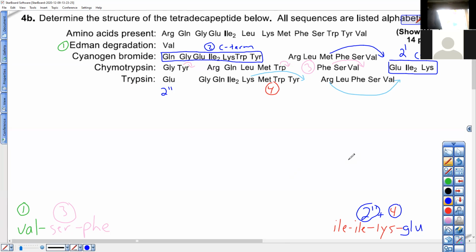All right. Here's our old friend Val. Val is first. Ser. My goodness, I think I just got another point. Arg has to be after. And Leu's not down here yet, so I got another 2 points. Got 5.